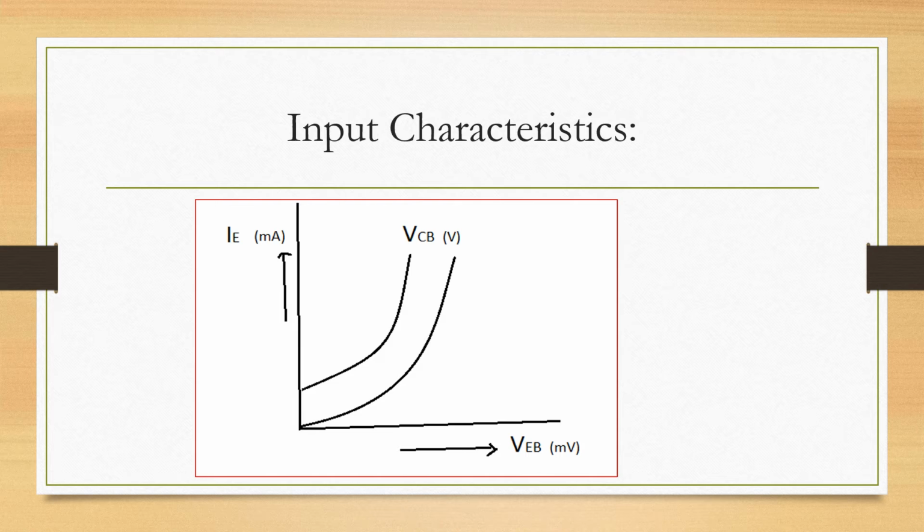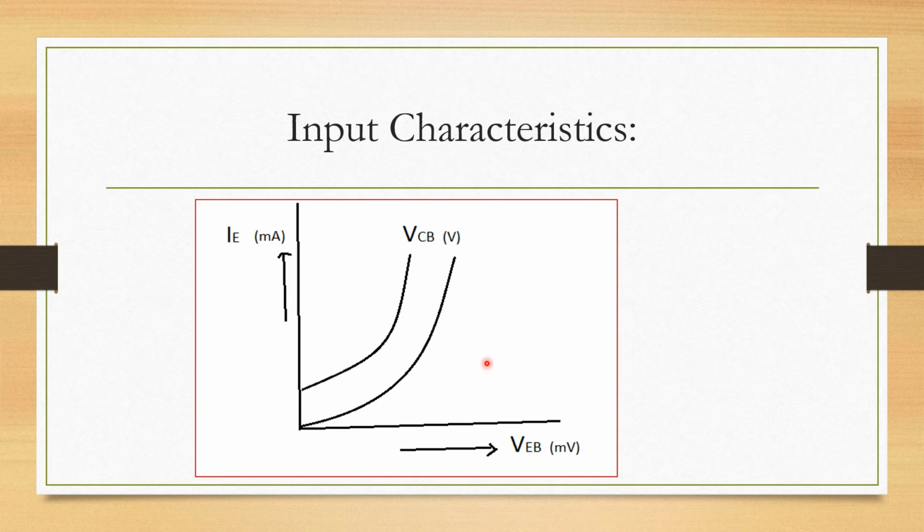In this, we can observe the emitter base voltage VEB with respect to emitter current IE at constant base collector voltage VCB. A curve is drawn which is called input characteristics.